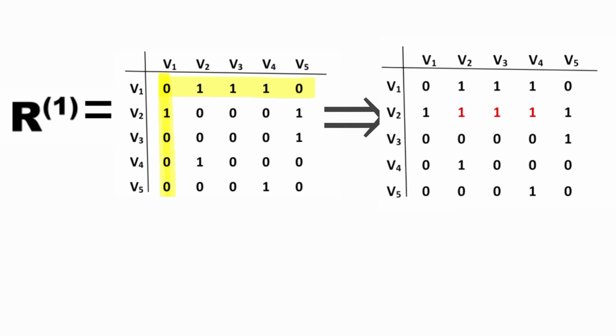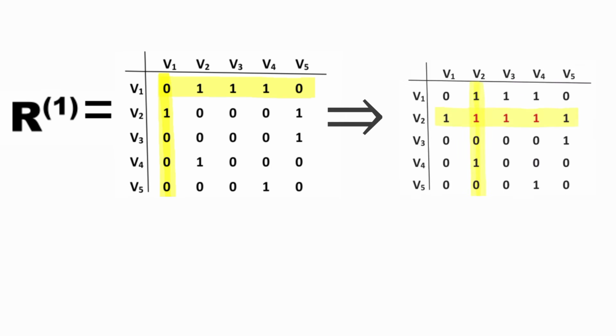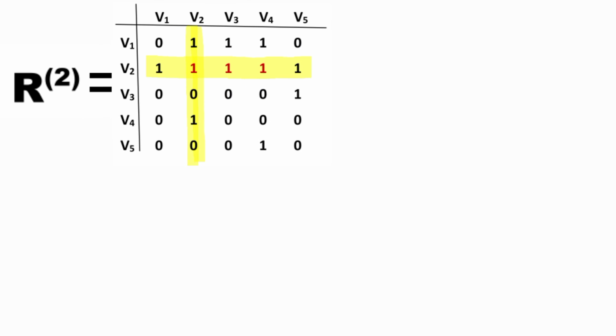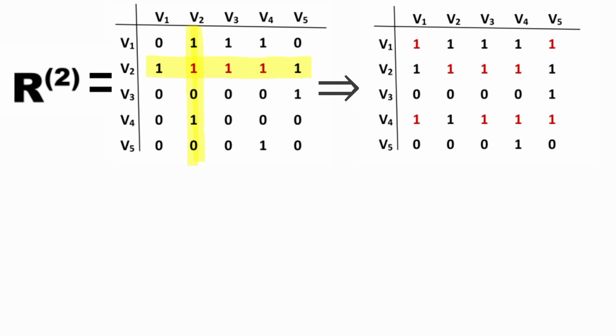Again, highlight the row and column used for getting R2. In R2, a 1 reflects the existence of paths with intermediate vertices from the rows of V sub 1 and V sub 4. In V sub 1, there are two new paths, which are V sub 1 to V sub 1 and V sub 1 to V sub 5.